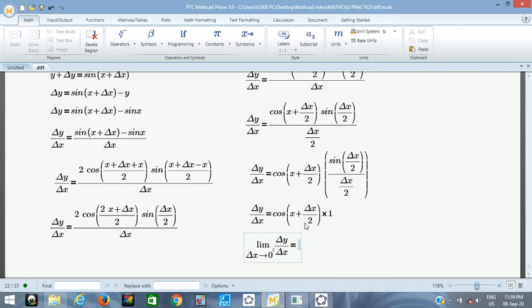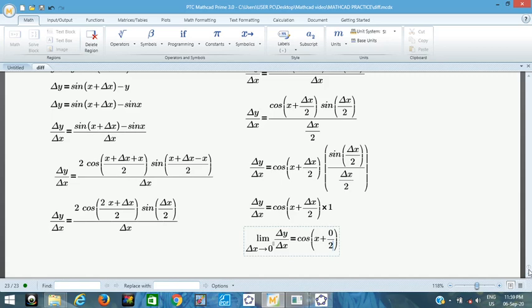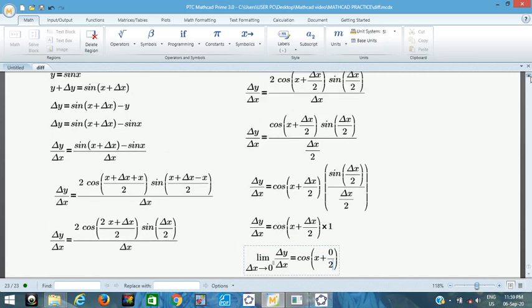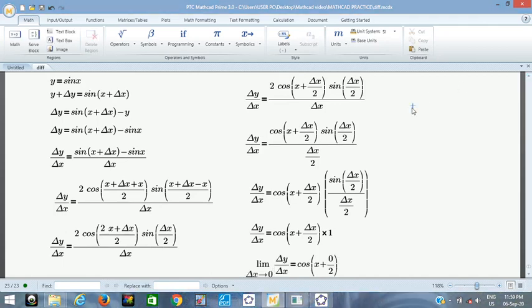So it's now going to be equal to something like this. Let me put it down so that you can see it: cos of open bracket x plus 0 divided by 2, times 1. You ignore the times 1, and that gives us our final result.